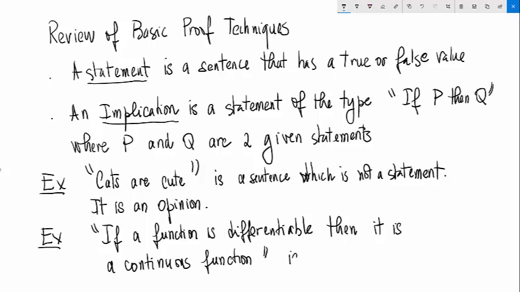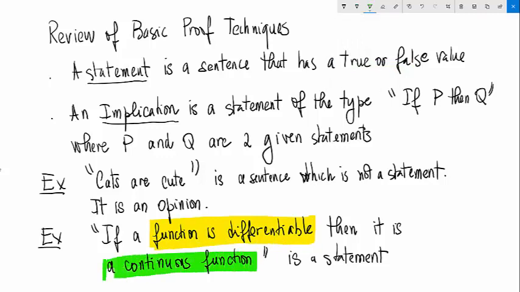This is a statement. In fact, it is a true statement. And the first part of the statement, if a function is differentiable, is called the hypothesis. This is your P here. And the second part of the statement, it's a continuous function, is the conclusion of the statement.